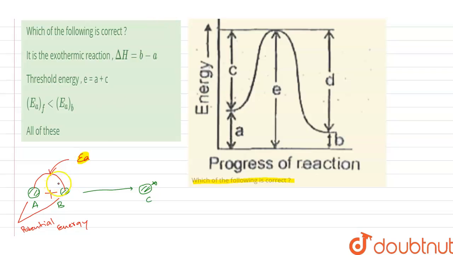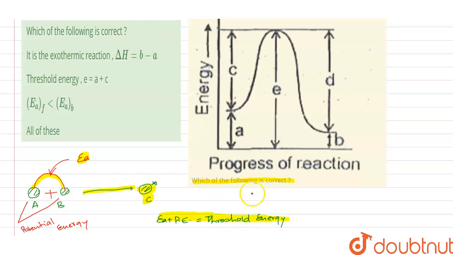It is the additional energy required by the molecules in order to give an effective collision, that is the formation of C. Now, the summation of activation energy and potential energy is called threshold energy. And if we define threshold energy, it is the minimum amount of energy required for the reacting colliding molecules in order to give product.